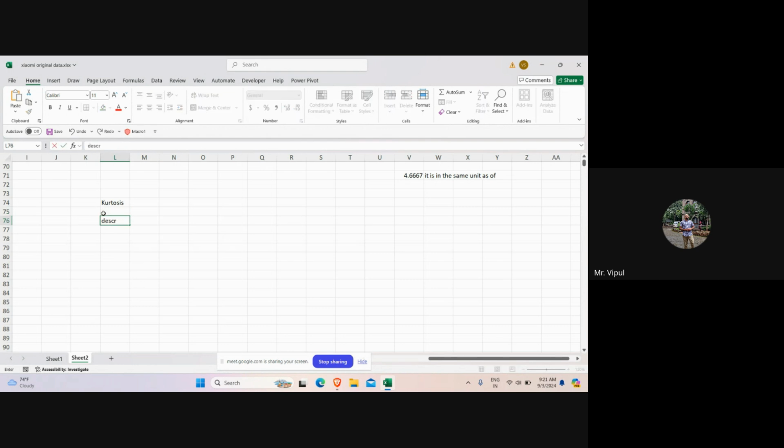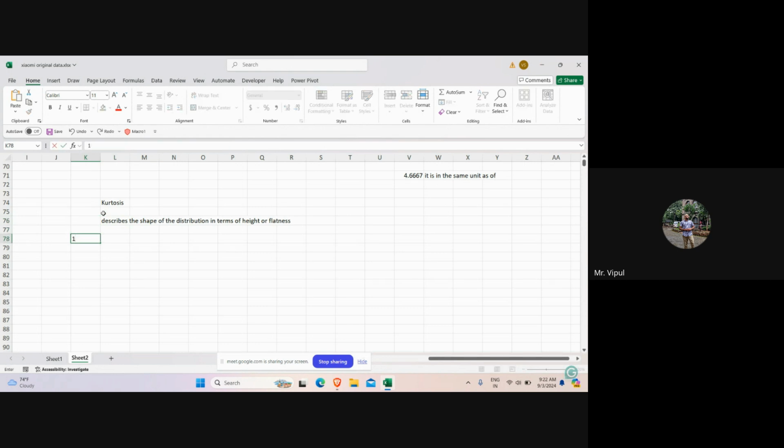It describes the shape of the distribution, in terms of height or flatness.